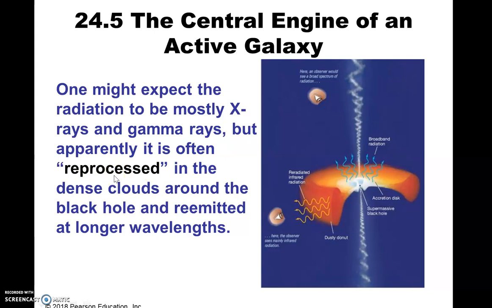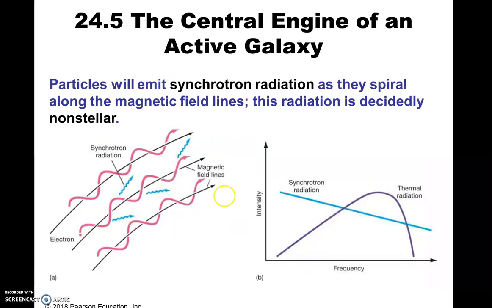So instead of being in the X-rays and gamma rays, they get into much longer wavelengths. You get stuff in the ultraviolet, in the visible, and even in the infrared, and especially in the infrared. So this is what I mentioned before about synchrotron radiation.